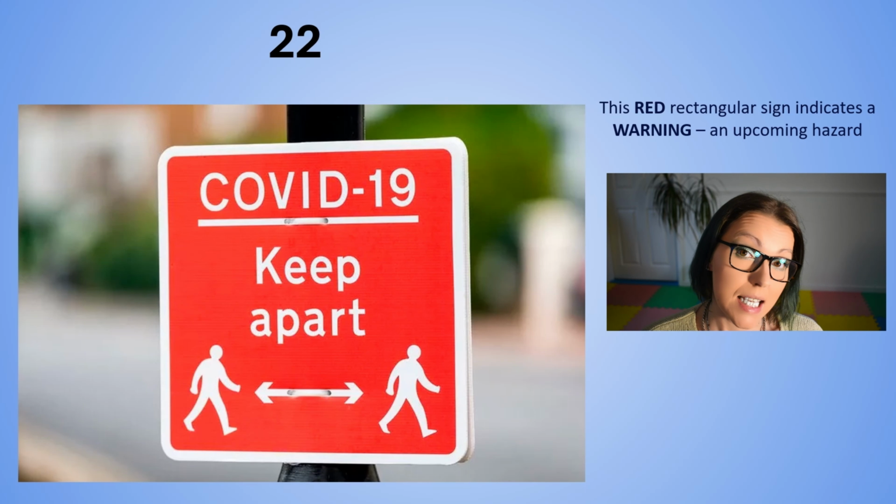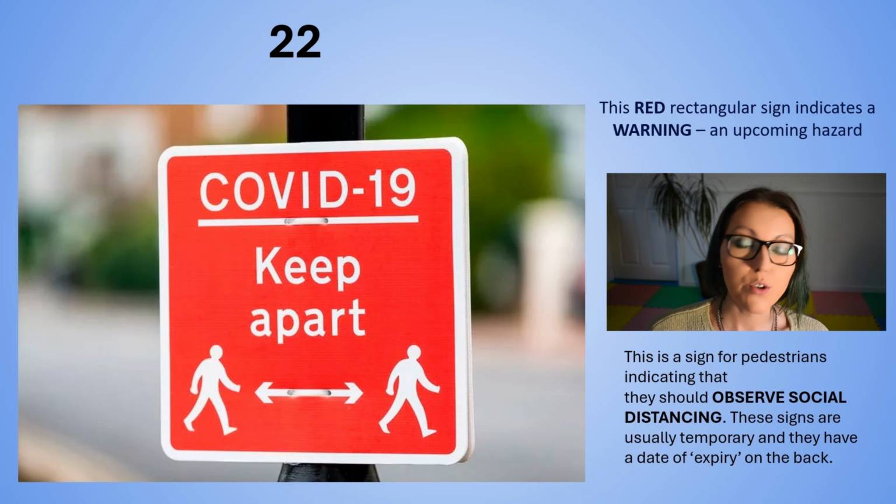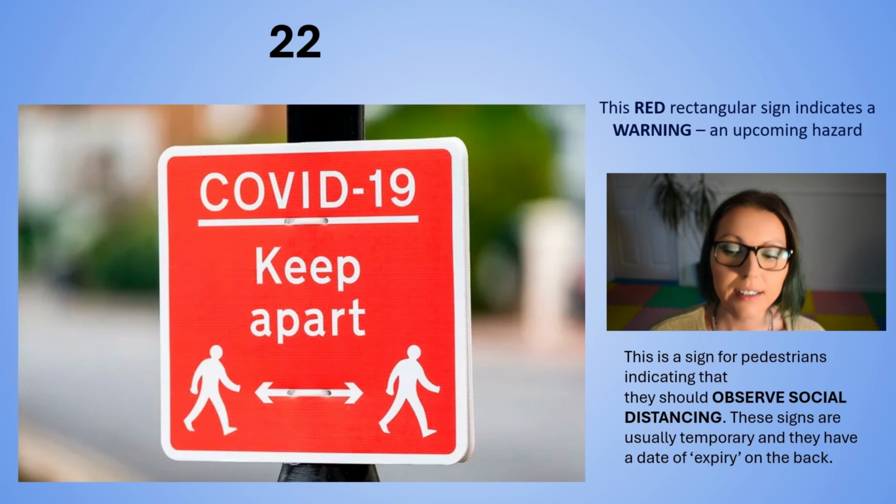And this is a sign for pedestrians which indicates that they should observe social distancing. These signs are usually temporary and they have a date of expiry on the back. So I doubt that you will find this kind of sign any longer. It was during the COVID lockdown.